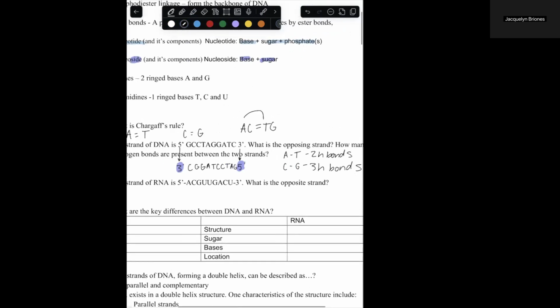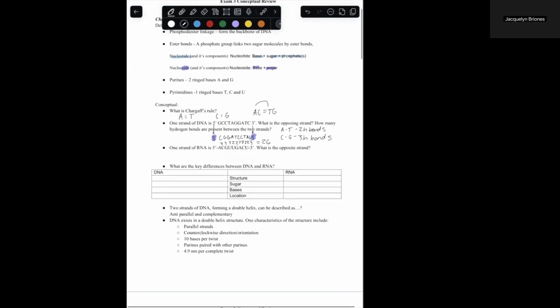So you're just going to count: 3, 3, 3, 2, 2, 3, 3, 2, 2, 3. 3, 6, 9, 12, 15, 18, 19, 20, 21, 22, 23, 24, 25, 26. I believe that's 26. Don't quote me on that. I would do the math.